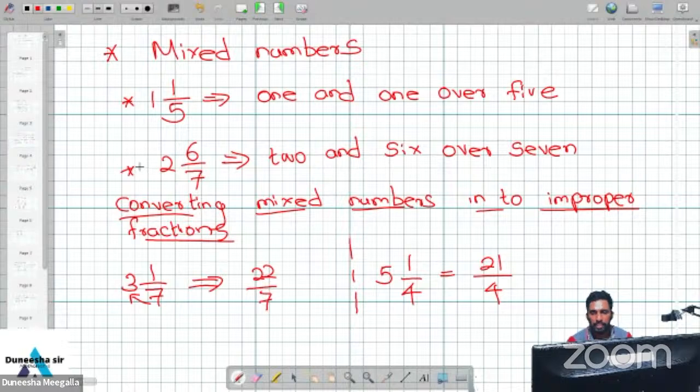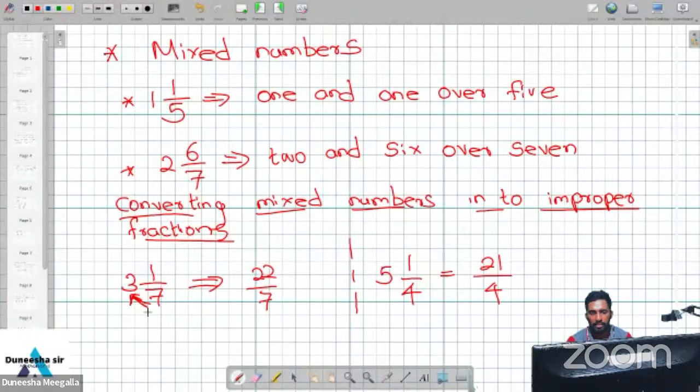Converting a mixed number into an improper fraction: how do we do it? Take 3 and 1/7. This is the mixed number. Multiply 7 by 3 and add 1 to get the numerator. The denominator is the same as in the mixed number, so it is 7.